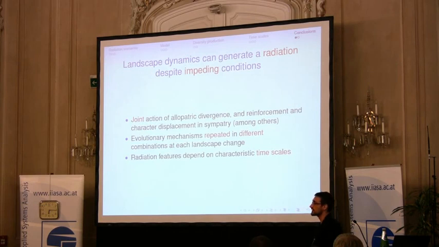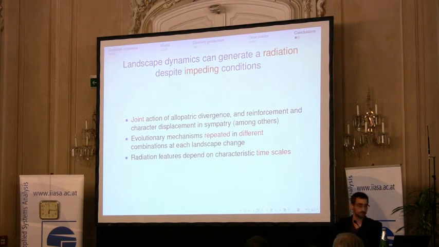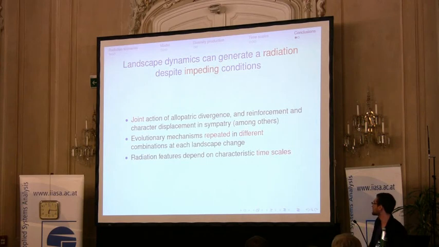These evolutionary mechanisms are repeated in different combinations at each landscape change, so that diversity can increase at each landscape change. And the features of the radiation mainly depend on the characteristic timescales.